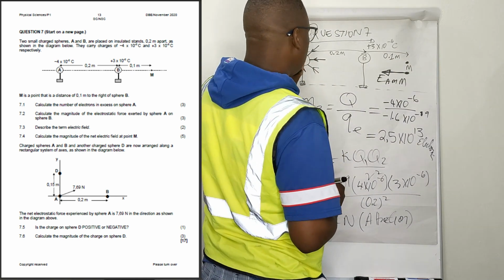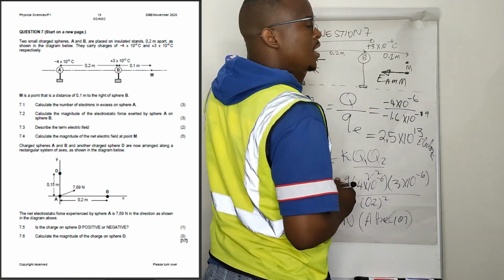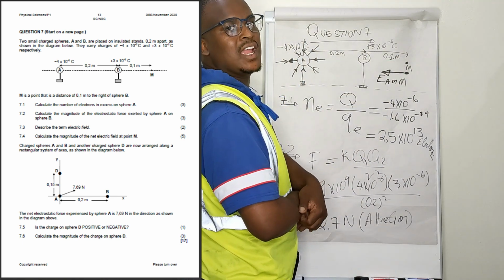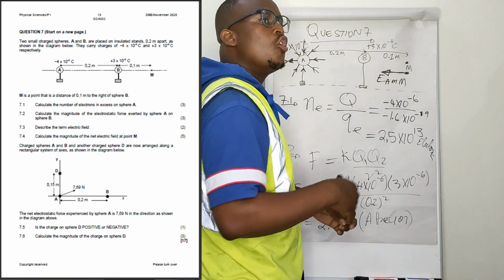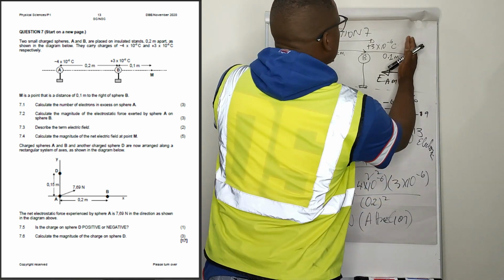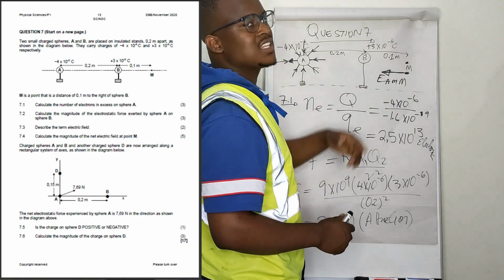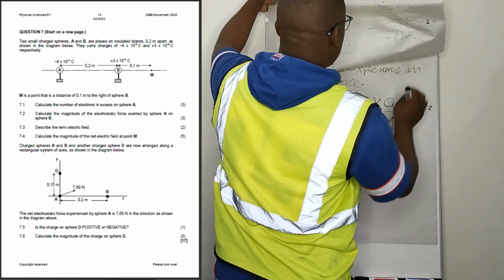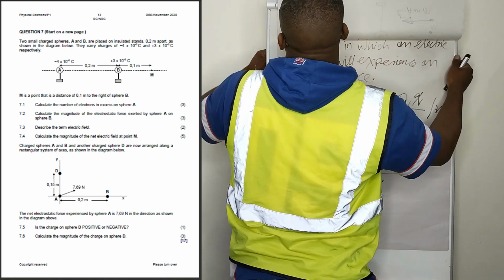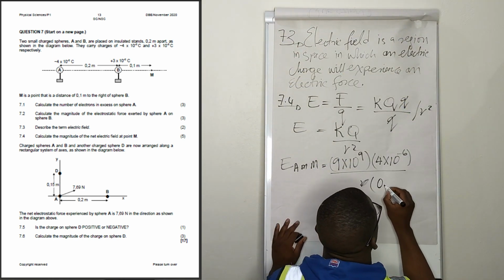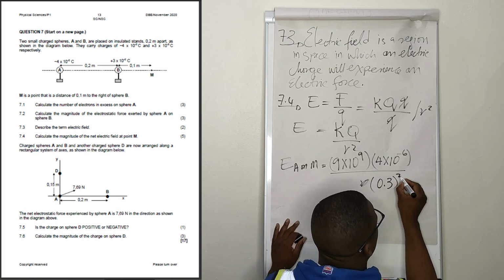So it's the distance between your charge and your point, which is on your electric field. So now the distance between the two is 0.3 meters. So now what you're going to do is, the distance is 0.3 meters squared.